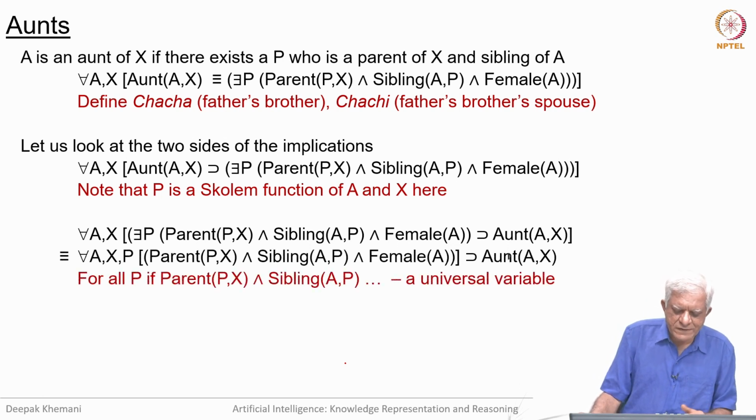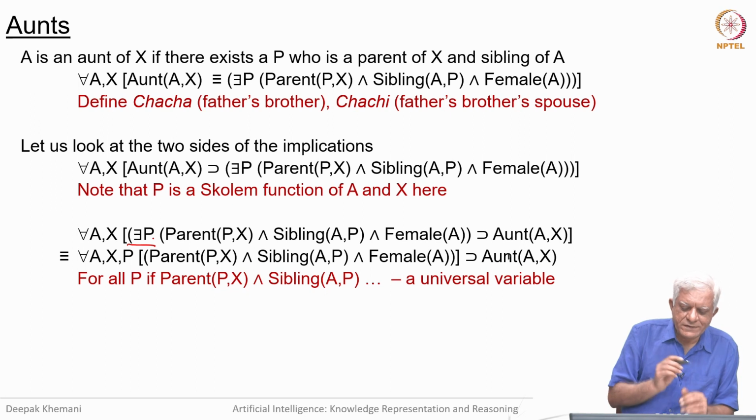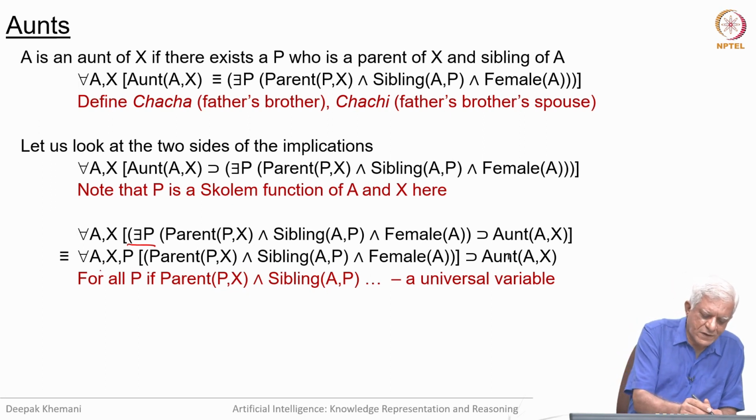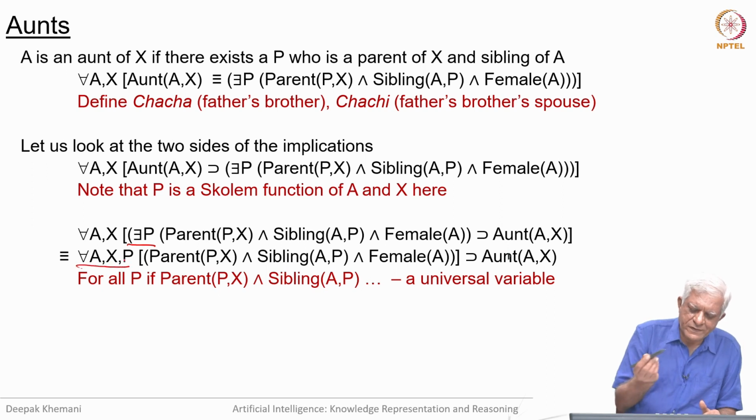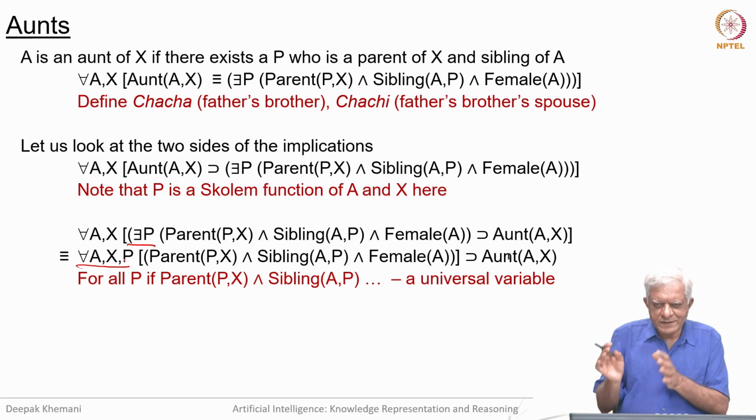The right to left reads normally. We have this there exists P inside the antecedent, and we have already discussed that when we move this out, it becomes a universal quantifier. So, an existential quantifier in the antecedent can be seen as a universal quantifier.